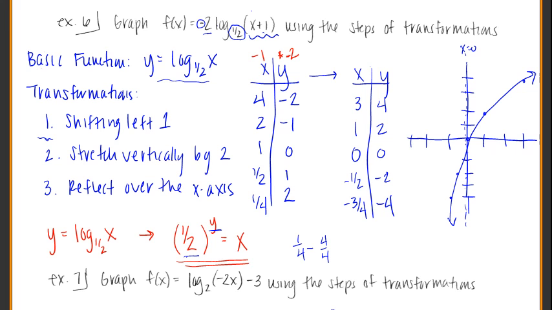So if I take this x equals 0 and I shift it left 1, so I move it over to here, it's really the line x equals -1. If I stretch it vertically by 2, well, a vertical line stretched vertically doesn't really do anything, so it's still there at -1. And if I flip it over the x-axis, it really hasn't done anything. So we can still keep it there at -1.